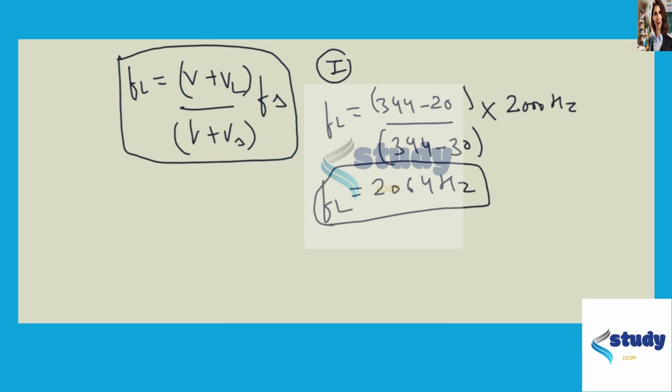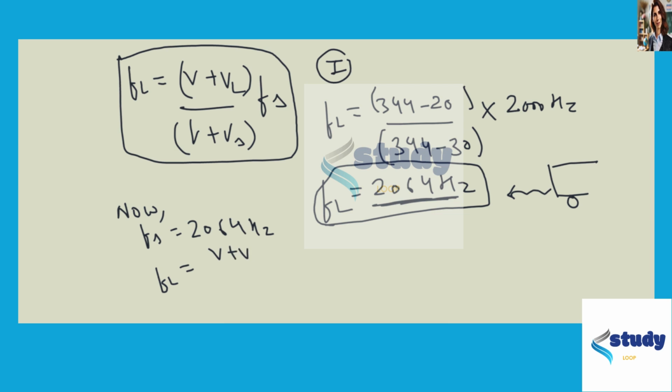Now, when it gets reflected back from the truck surface, this becomes the source. So we have Fs equals 2064 hertz. Using the same formula, FL equals V plus VL over V plus VS times Fs.